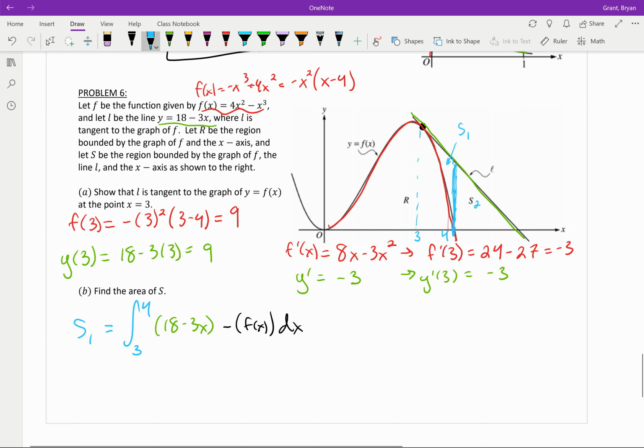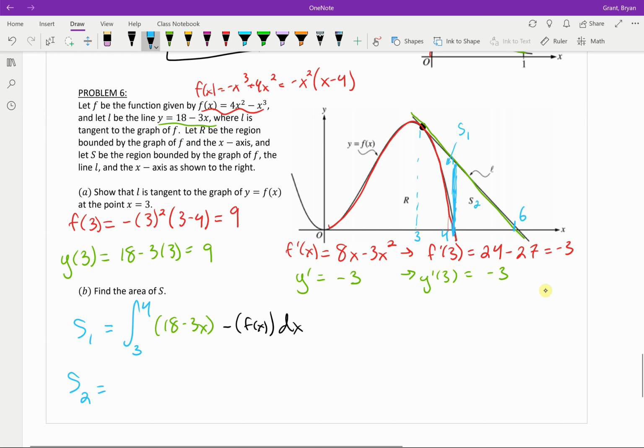Then my second area, well, that is just a triangle, isn't it? You could do green function minus 0, but let's just use our triangle skills. Where does the green function cross the x-axis? Well, if you set this equal to 0, 18 minus 3x, subtract 18, divide by negative 3, I think you'll see this crosses at 6 right here.